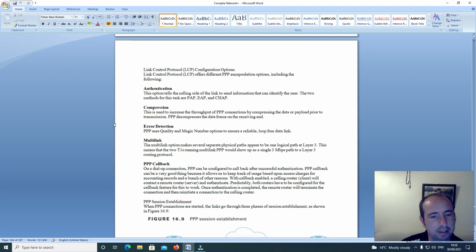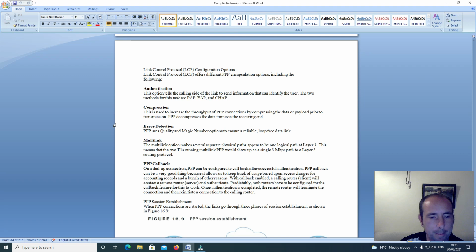Compression. This is used to increase the throughput of PPP connections by compressing the data or payload prior to the transmission. PPP decompresses the data frame on the receiving end. Error detection. PPP uses quality and magic number options to ensure a reliable, loop-free data link.